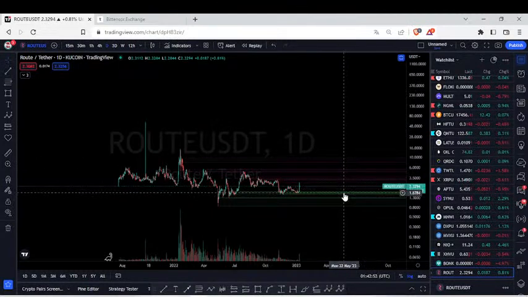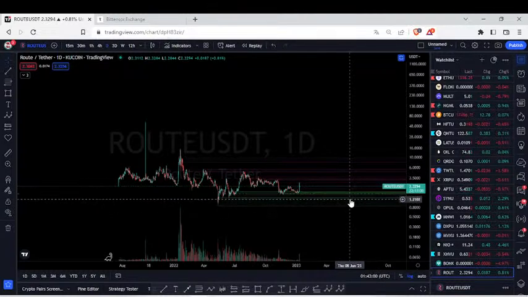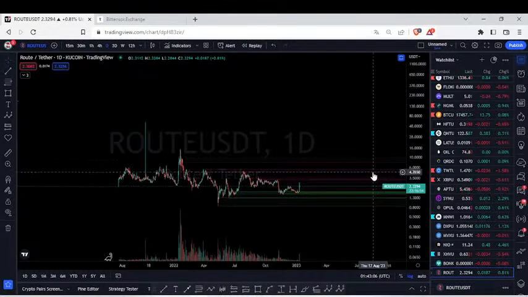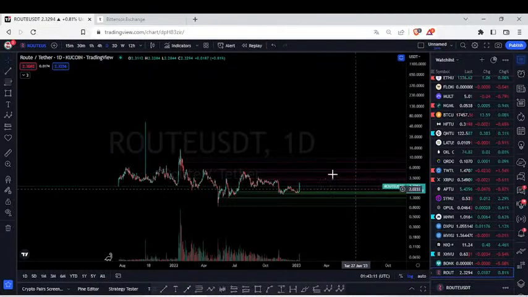Of course, if you can accumulate, if it holds the range, anything below 130s is a no-go. But if it holds this for a couple of years, bam, it's a breakout. It's a massive, massive breakout.